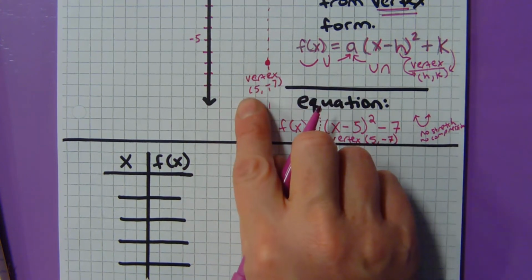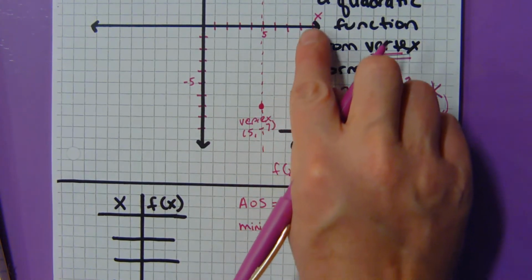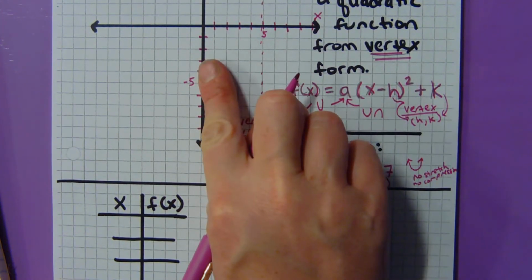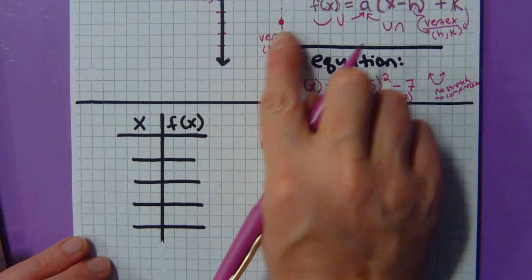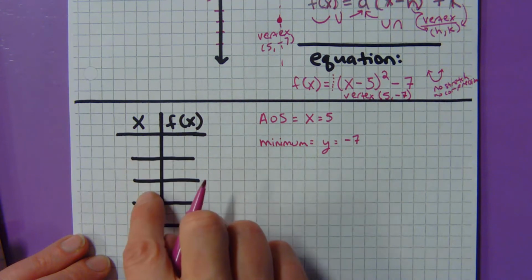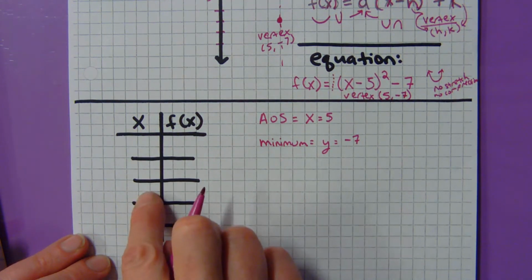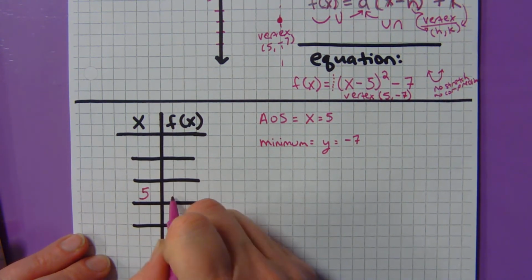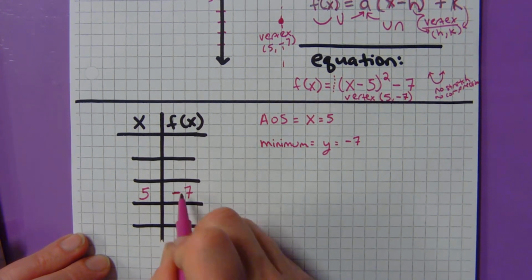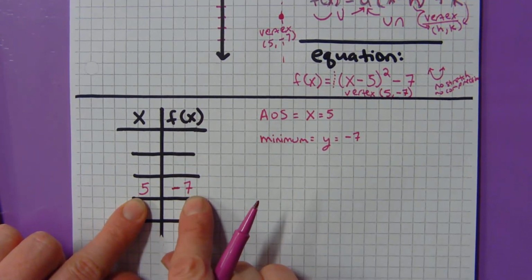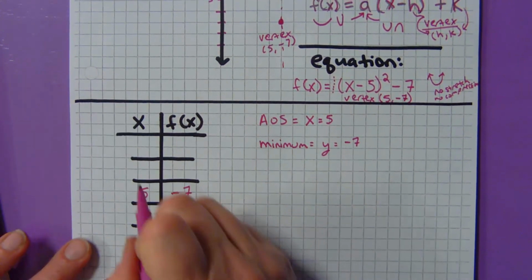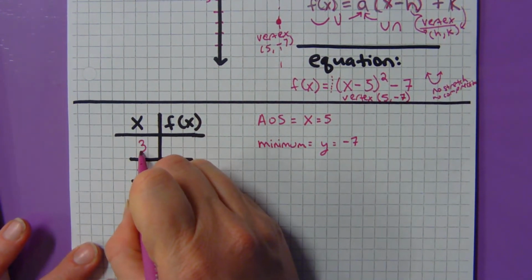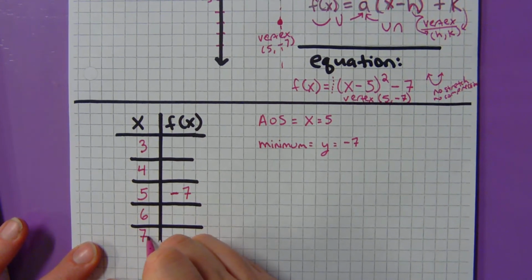So we know that's my vertex, which means these points over here will be reflected over there. So the middle of my parabola is (5, -7). I've made a table with 5 spots. I want the middle to be that (5, -7), so when x is 5, f of x is -7. And I want to find 2 points on either side. So that's 4 and 3 going down, and 6 and 7.